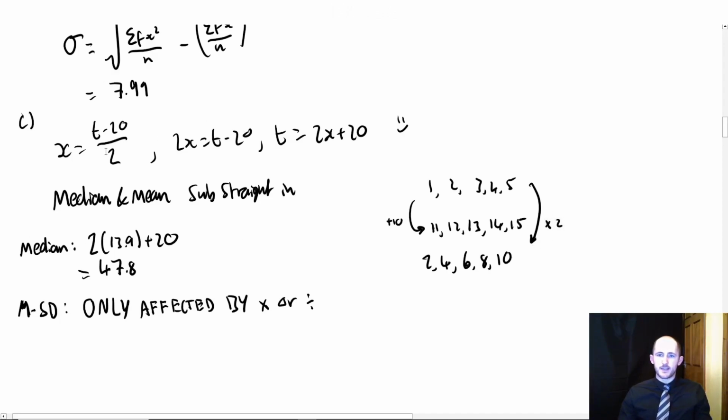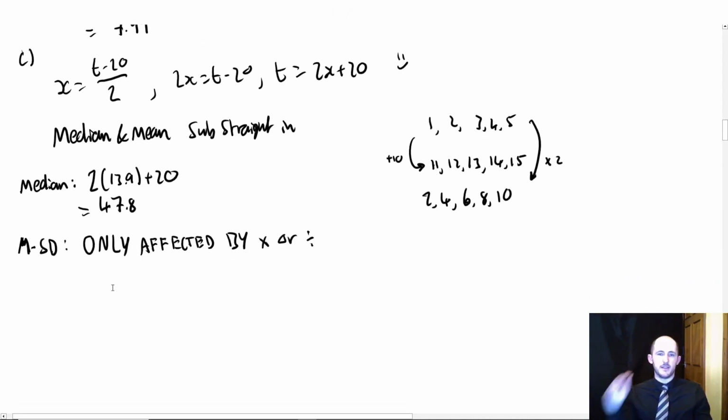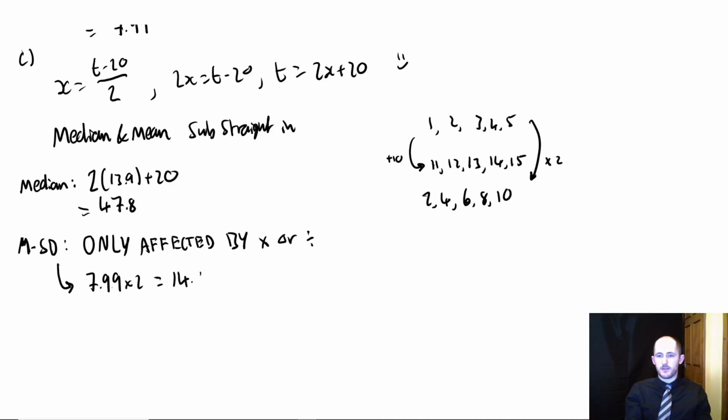So in this case, since they halved my data, I need to double the standard deviation. That's it. I don't need to add the 20 because adding and subtracting numbers does not affect standard deviation. It doesn't affect spread. It only affects the mean and median, the average. So, in this question, it's going to be 7.99 times 2, which would be 14.98.